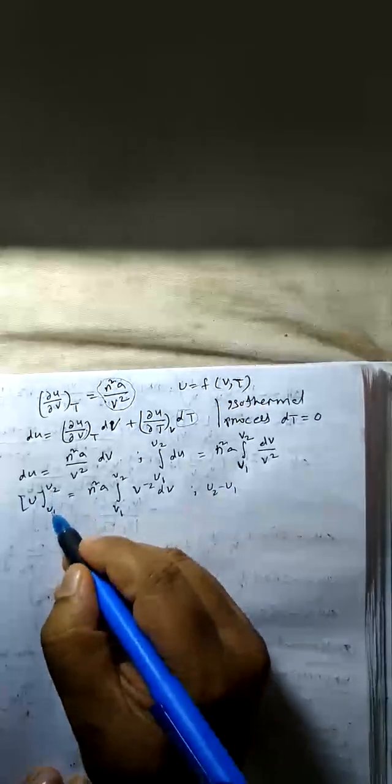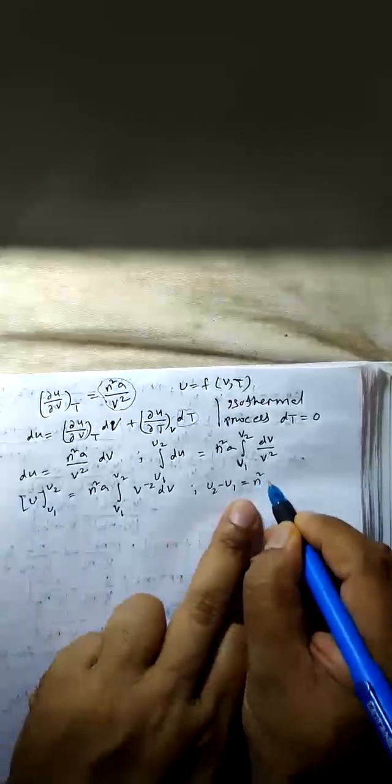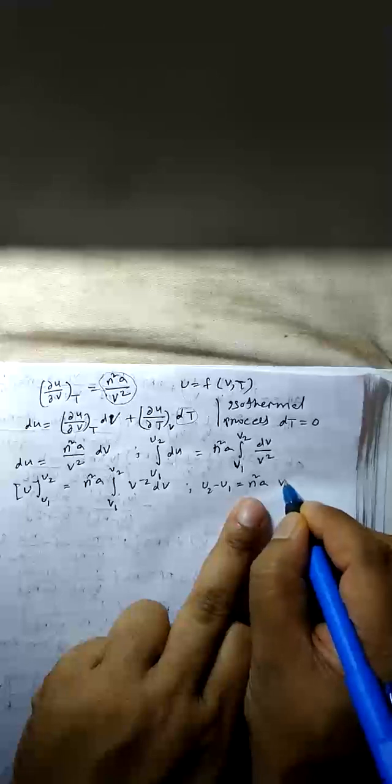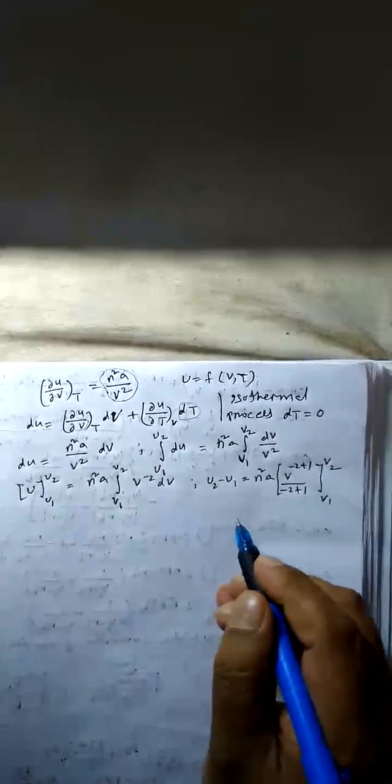When you integrate, dU gives U2 minus U1, upper limit then lower limit, and n² a times integration of V to the power minus 2 dV. Integration of V^-2 is V^(-2+1) divided by (-2+1), with limits V1 to V2, initial volume to final volume.